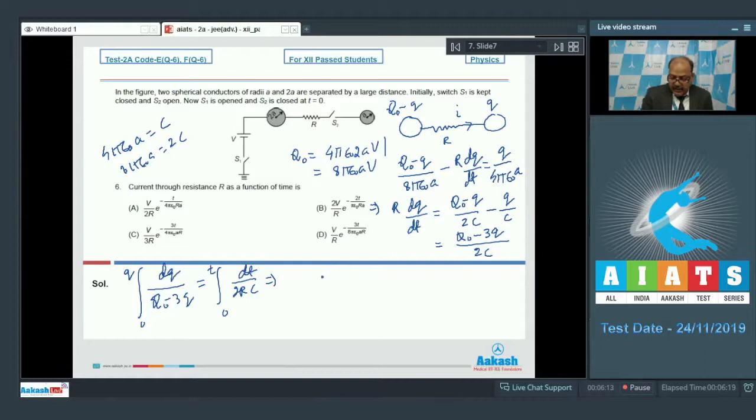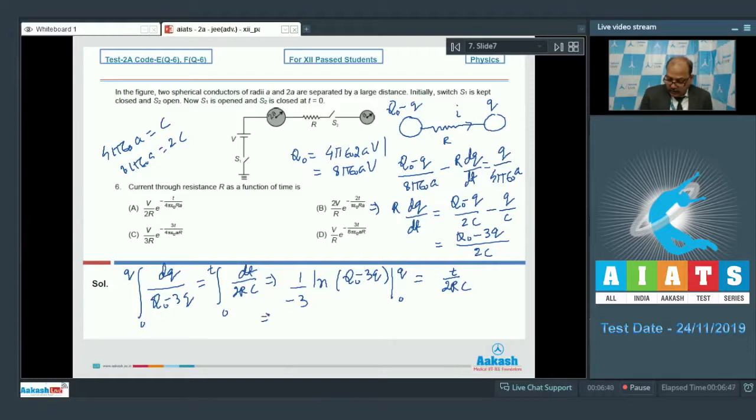The left hand side gives us ln Q0 minus 3q divided by minus 3. The limits are 0 to q. And on the right hand side we have t upon 2RC.